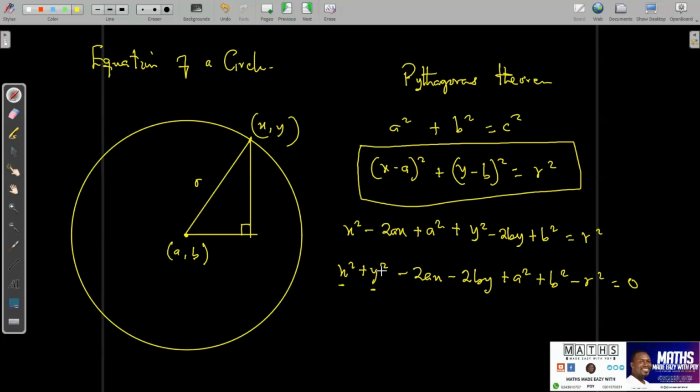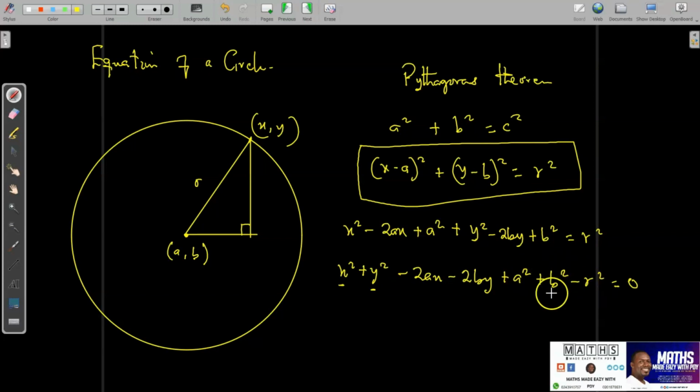If there is no question, then when you go further, based on our equation of a circle, you can also group it into parts. These are numbers: a squared plus b squared minus r squared.